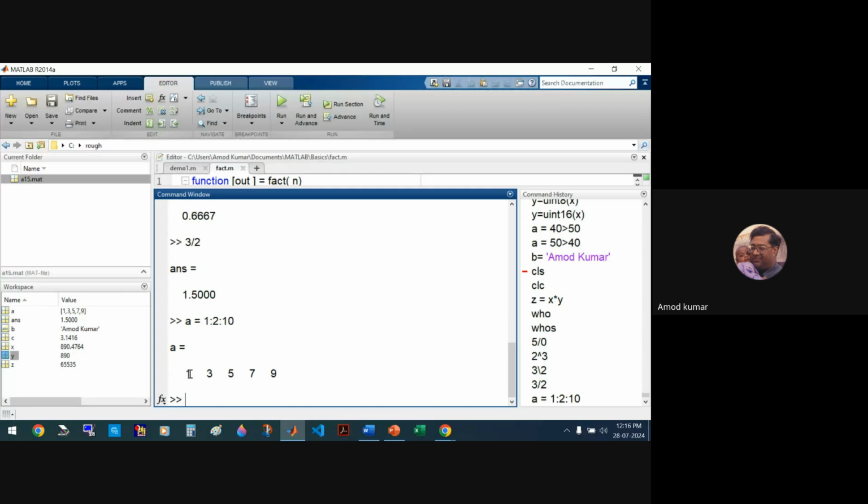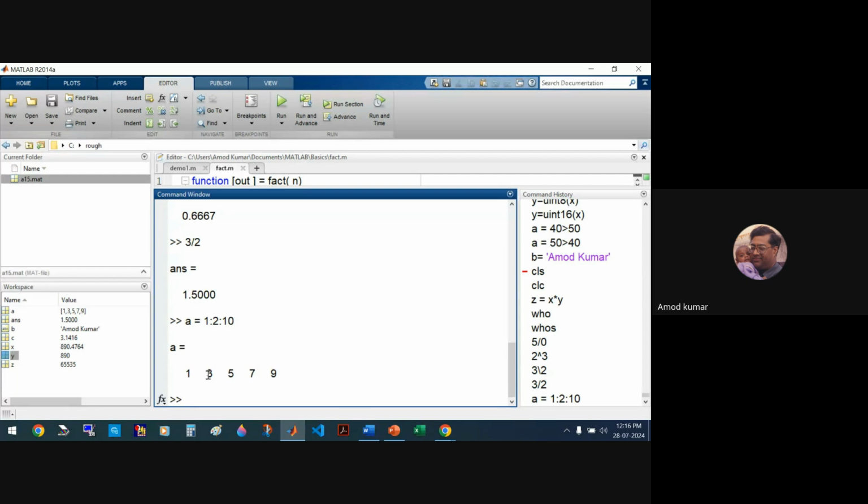So it generates a row array whose first element is 1, with which you started. Then the 2 means that the difference of the two numbers will be 2, that is, it will be incremented by 2.